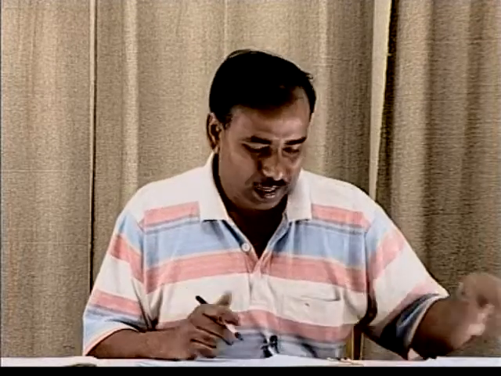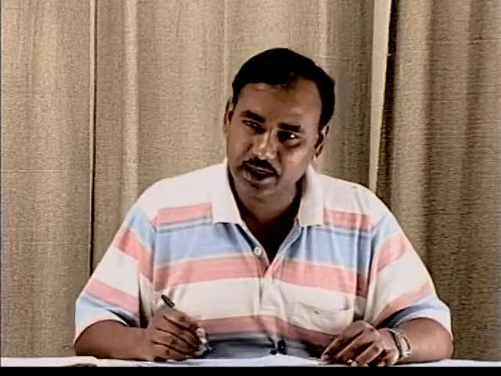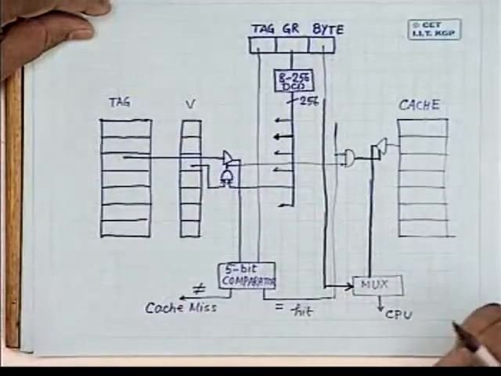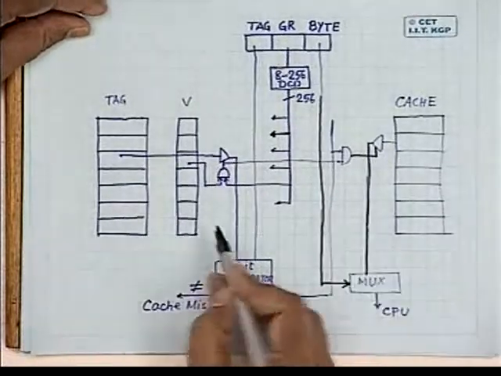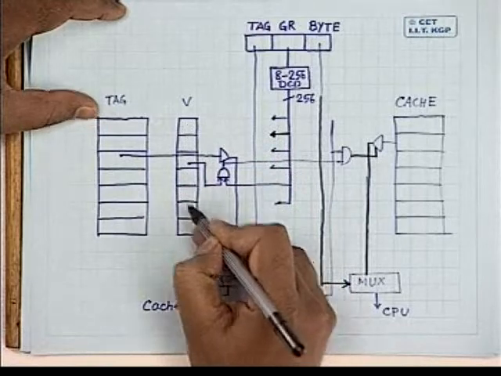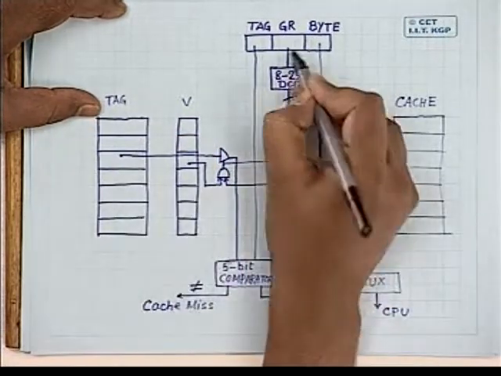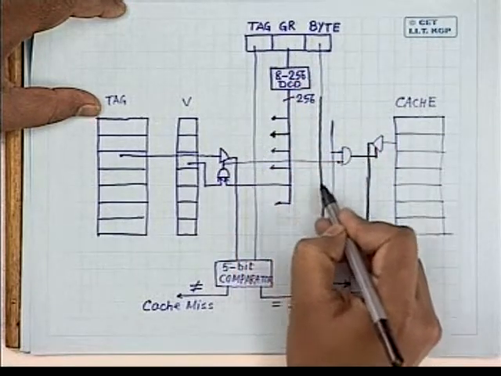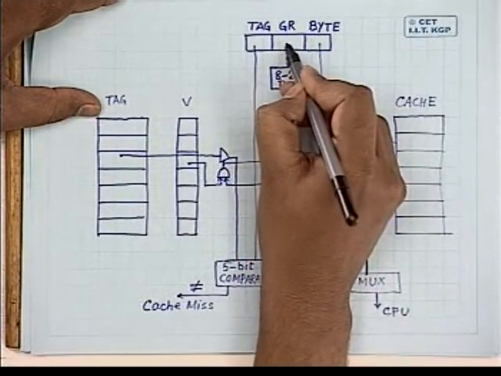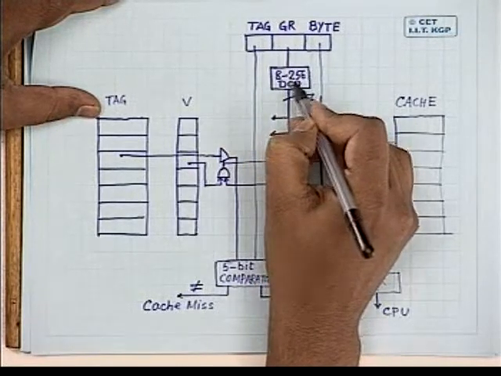Okay, and I hope you can draw a similar schematic diagram for this two-way cache memory or even for an n-way cache memory. So in that case, what you have to do is this valid bit will be replaced by two valid bits. The tag memory field will also be replaced by two tag memory fields. This part will remain the same because the group identification, which is 8-bit, has to go to the 8-to-256 decoder.